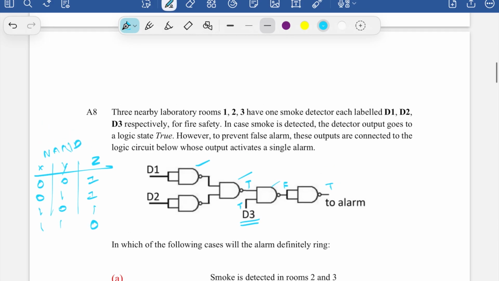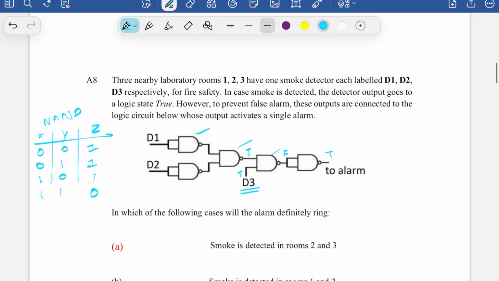And this is true, then this should be either both true, or one false and another true. You can check all the combinations, and similarly you can find all the combinations for D1, D2.